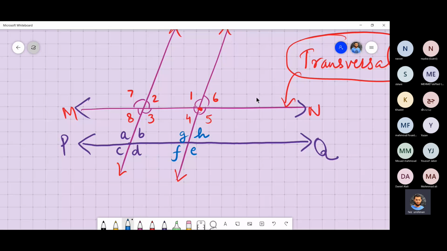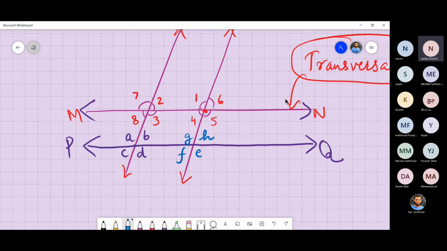I'm not asking the ABCD. Tell me in the numbers. 2, 3, 7, 8. Which angle is corresponding to 6? 2. You know this or you don't know? No, I know 2. Okay, yes, correct, 2. So 6 and 2 will be corresponding, right?